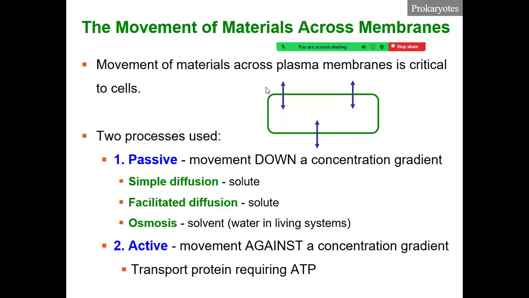And for each molecule moved into the cell by an active transport protein, the cell has to use up one ATP molecule, which will be broken down into phosphate and ADP, adenine diphosphate.